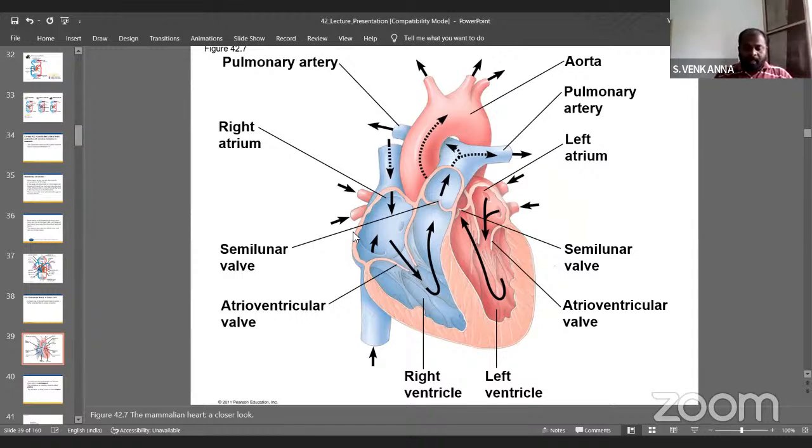So this is the character of closed circulation, the heart functions of a closed circulation system. Now what are the characters of a closed circulation system? The speed of blood circulation and blood pressure are high due to the presence of muscular and contractile blood vessels. The exchange of materials between cells and blood is mediated by interstitial fluid.